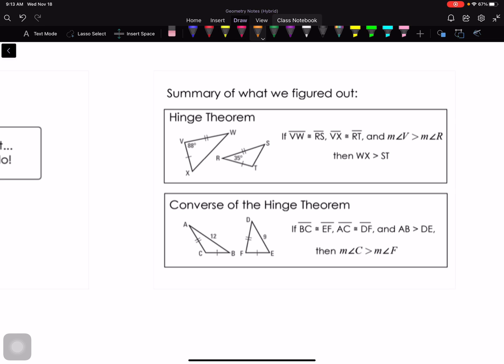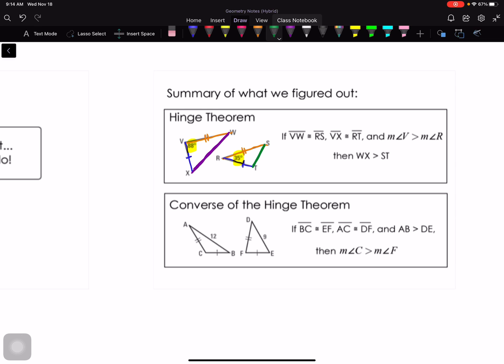So if we know that VW and RS are congruent, as we can tell by their markings, and we know that VX and RT are congruent, again, we can tell by the markings, and if we also know that angle V is greater than angle R, which they just came up with some examples so you could actually see some numbers, but 88 is bigger than 35, then that means that WX here has to be greater than, in length, we're talking ST. And you can see visually that would be true.